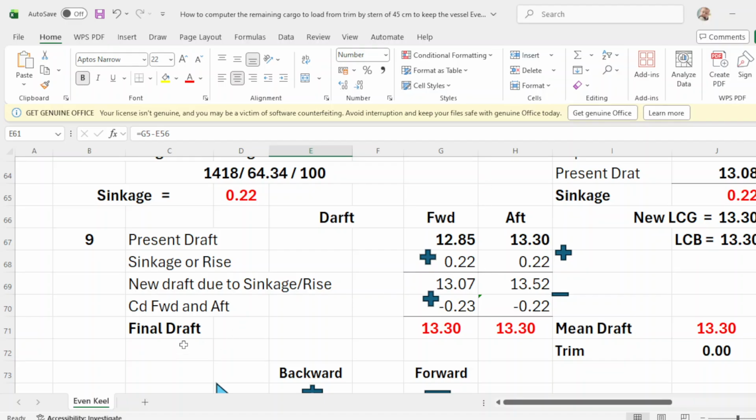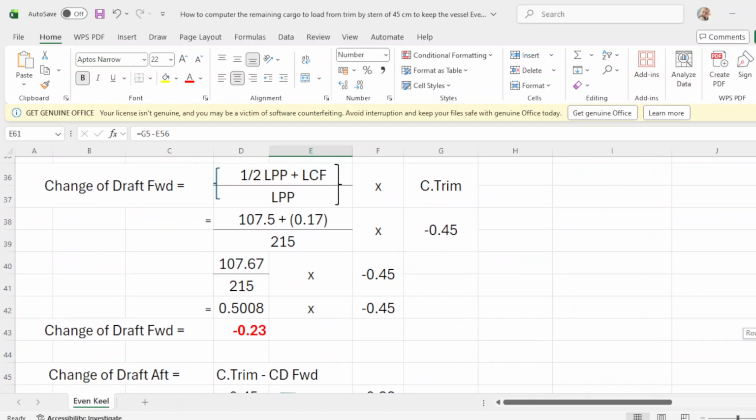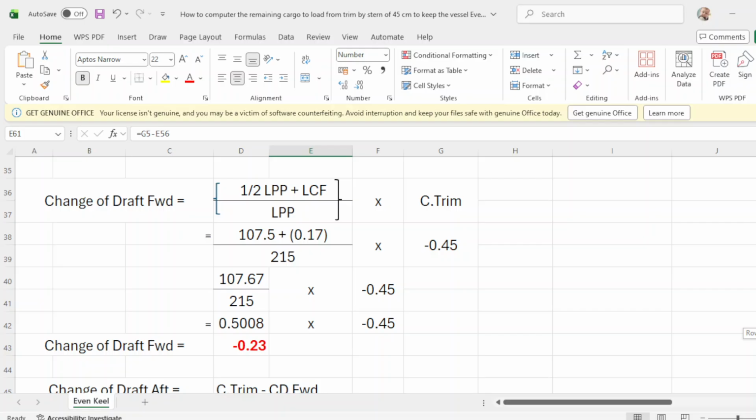Now you apply the change of drop. How do you get the change of drop? Change of drop forward is one half LPP plus LCF over LPP times your change of trim. So one half of your LPP, which is 215, is 107.5, plus, according to the formula, your LCF.